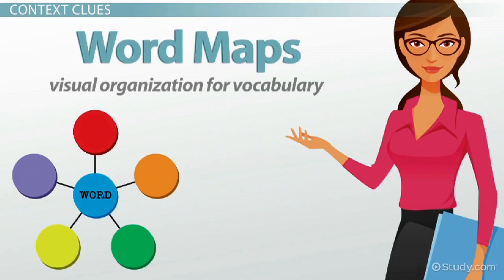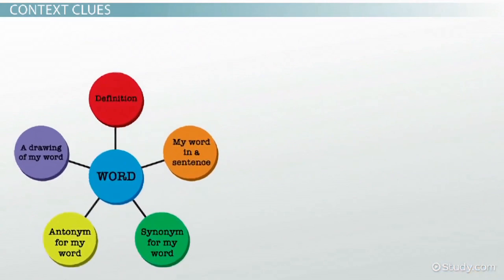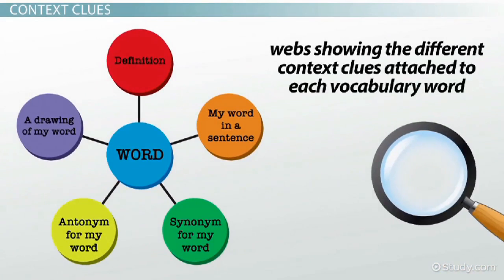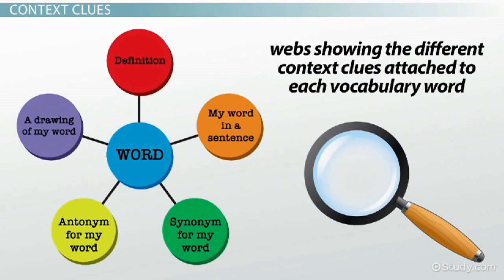Word maps are any visual organization for vocabulary and can come in a wide variety of forms. For instance, your students can create webs showing the different context clues attached to each vocabulary word. These webs can even be connected to other vocabulary words that are related in meaning.